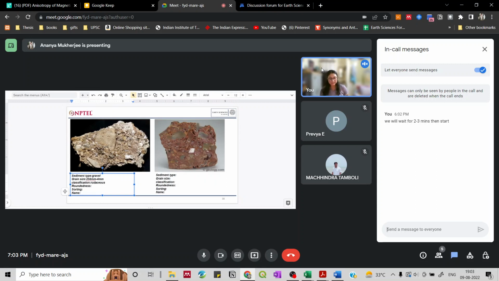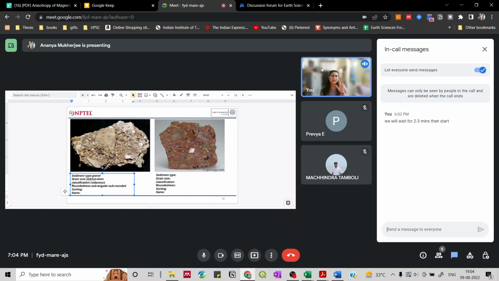Roundness, you can see that this is not well rounded, but you cannot see a lot of angular grains also. So you can say that it varies from subangular to sub-rounded.